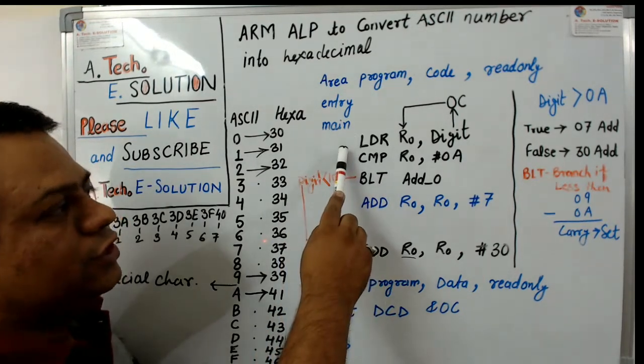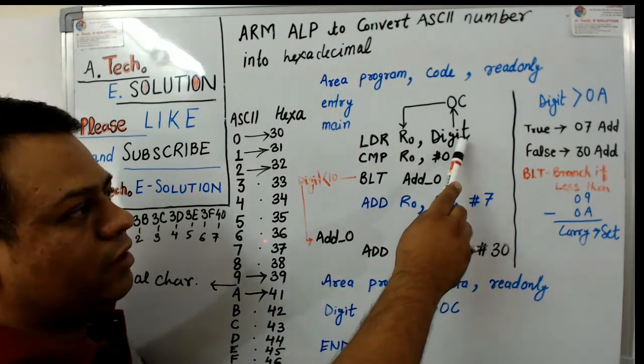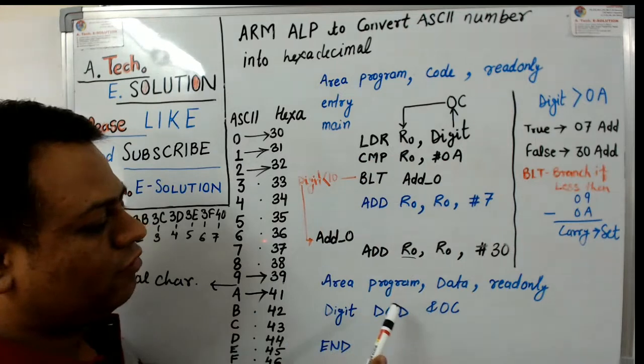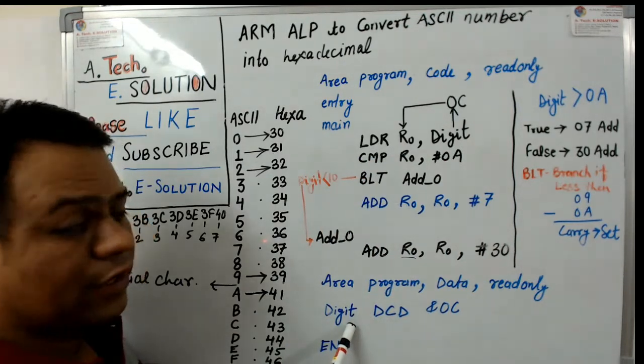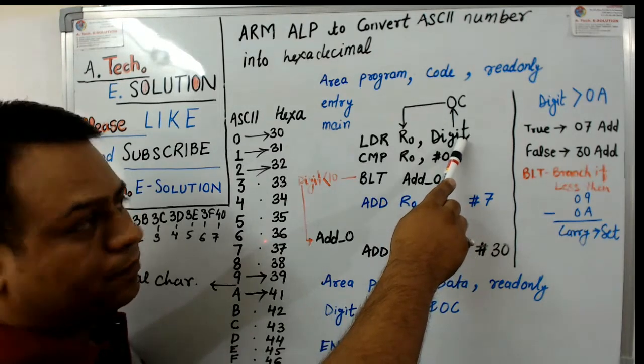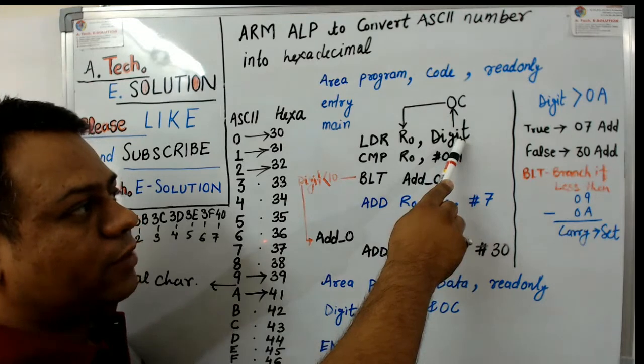The LDR instruction is used to load the register from any variable which is defined in this area, or it can be defined in memory. So we can take the input from this variable.